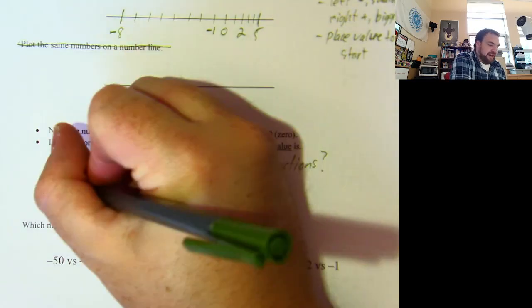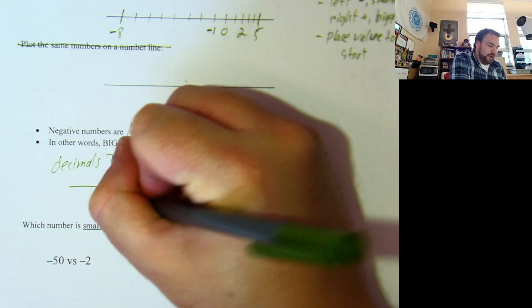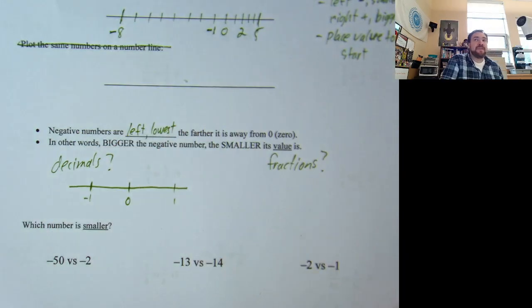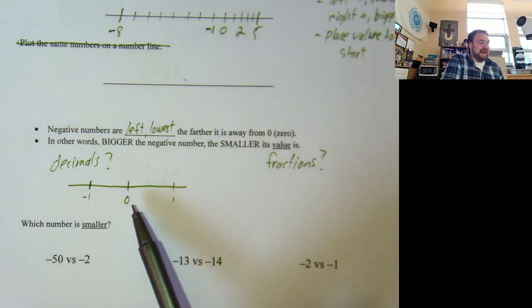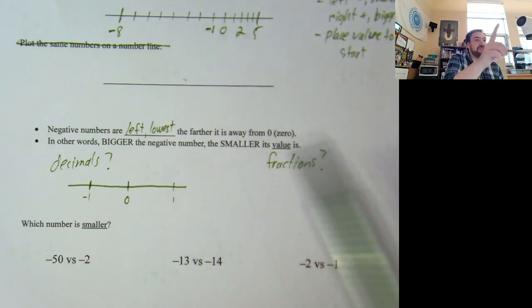If I have an anchor value here, we'll throw a number line on here. If I call this 0 and this -1 and this 1, just to have a perspective on things, give me an example of a decimal that would sit over here close to 0, between 0 and +1, Mishwa?